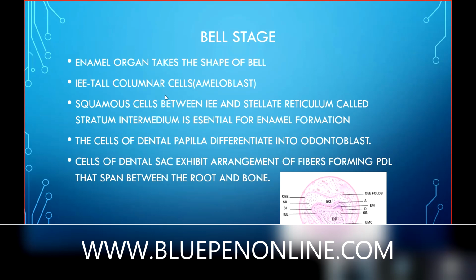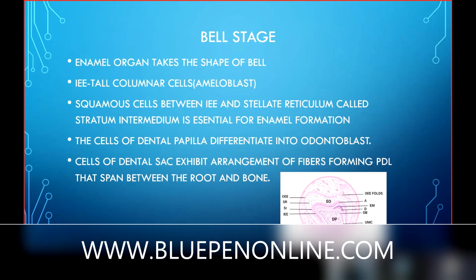The squamous cells between the inner enamel epithelium and the stellate reticulum, called stratum intermedium, are essential for enamel formation. So this is the inner enamel epithelium lined by tall columnar cells. There is one more layer above that, which is called the squamous cell layer.